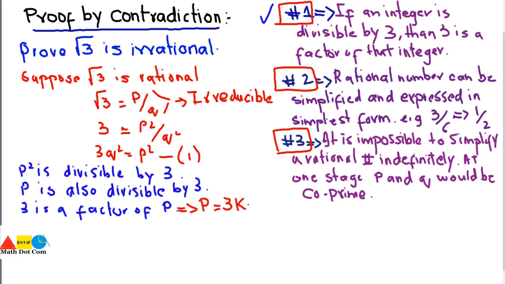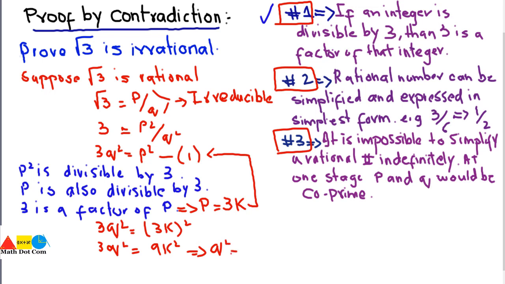So we put this value of p in equation 1. 3q square is equal to 3k whole square, which is 9k square. If we divide by 3 on both sides, we get q square is equal to 3k square.